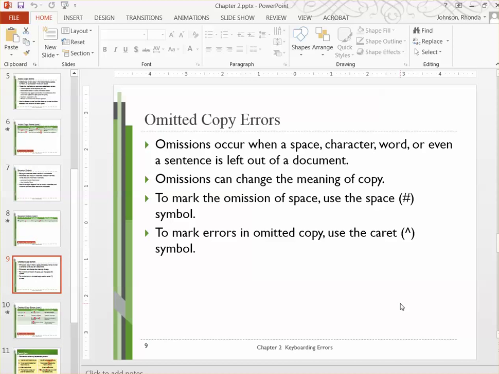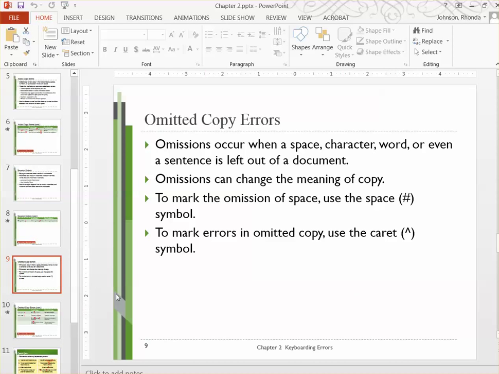For instance, if what I mean to say is, please don't take the candy off my desk, and I forget to put the word don't in there, please take the candy off my desk, well then those are completely two different things. One of them is don't do it, and one of them is do it, and just one missing word makes all the difference. So that would be an omission.